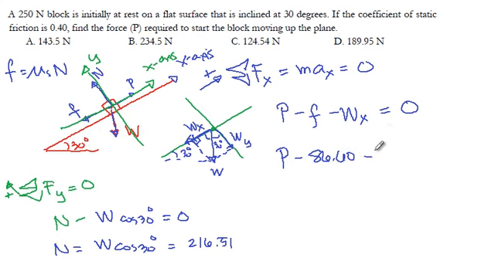So w, what is w? Well, wx is w cosine 60. So w is 250. So 250 times cosine 60, 125. So minus 125 is equal to 0.